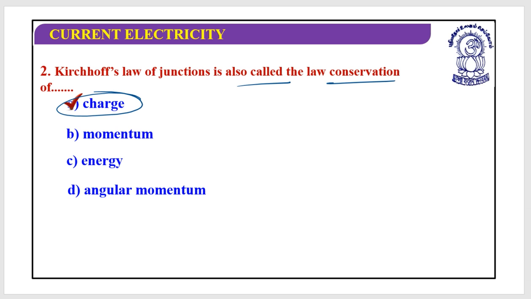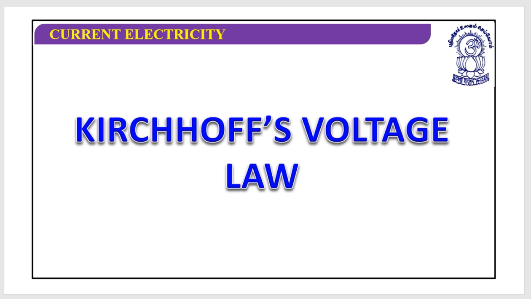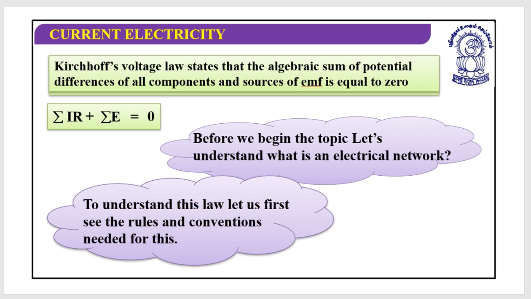But before we go, let's understand what Kirchhoff's voltage law is. It's KVL. According to Kirchhoff's voltage law, the algebraic sum of potential differences of all components and sources of EMF is equal to 0. Now what does it mean?